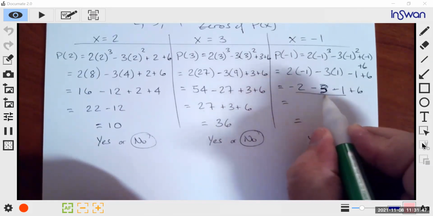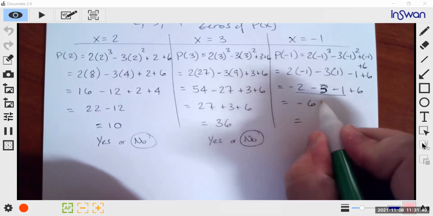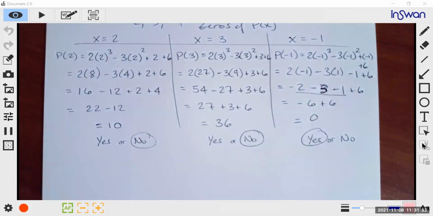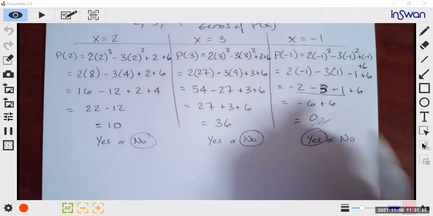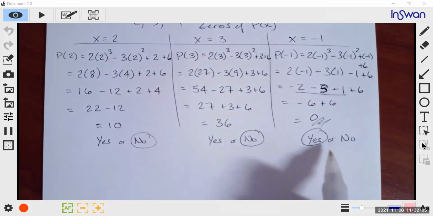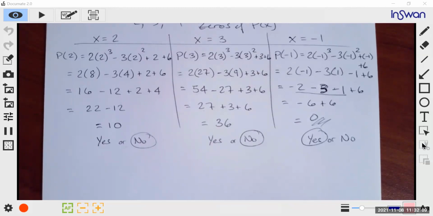Negative 2 minus 3 is negative 5, minus 1 is negative 6, plus 6, 0, yes. So one of our solutions we know is at negative 1. We have to find 2 more.